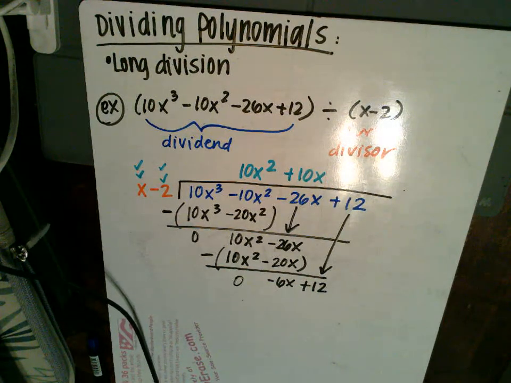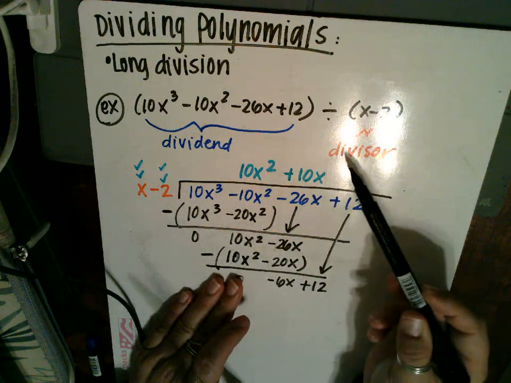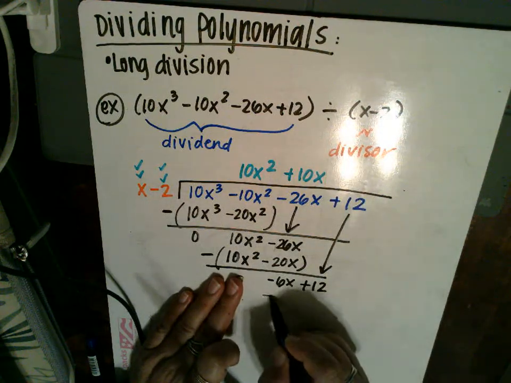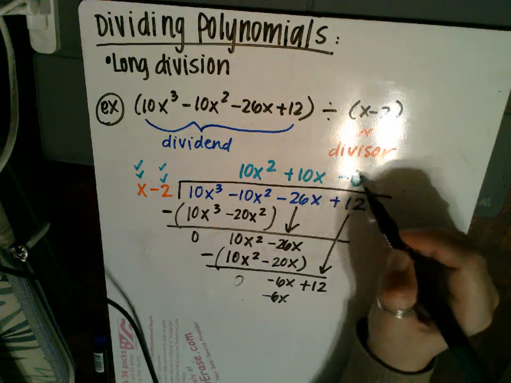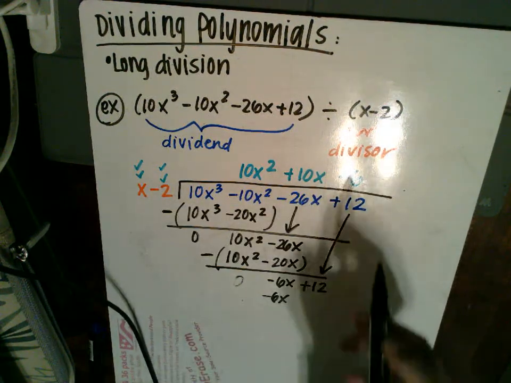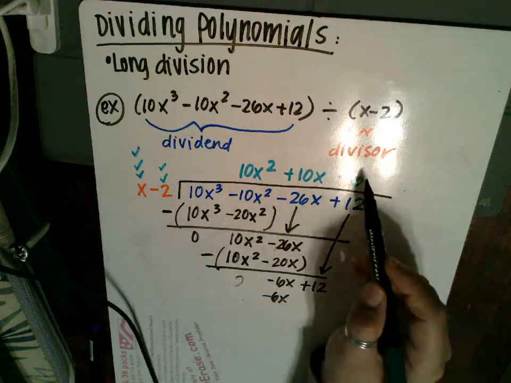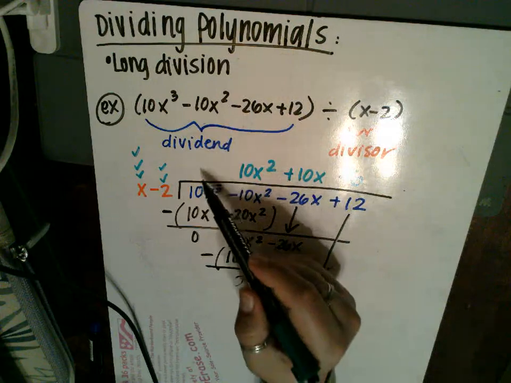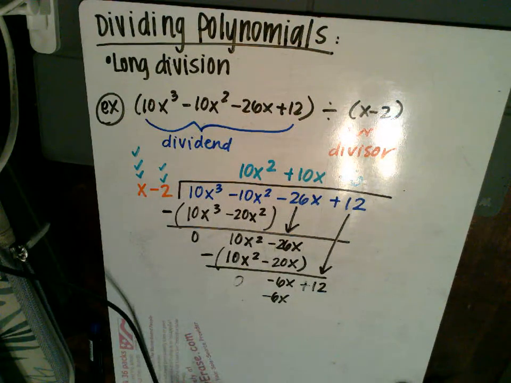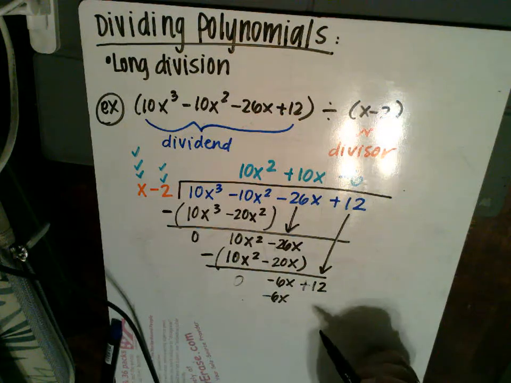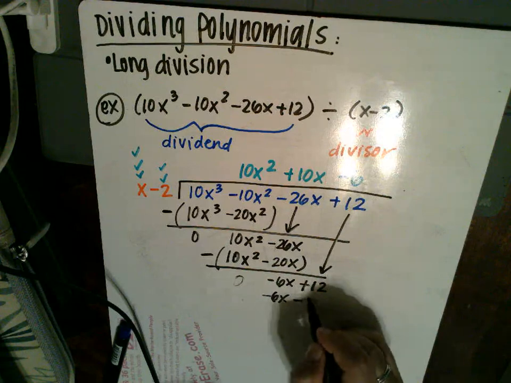Again, repeat. Start over. X times what is negative 6x? Well, x times negative 6 is negative 6x. And remember, I have to multiply negative 6 times x and negative 6 times negative 2. Negative 6 times negative 2 is negative 12.